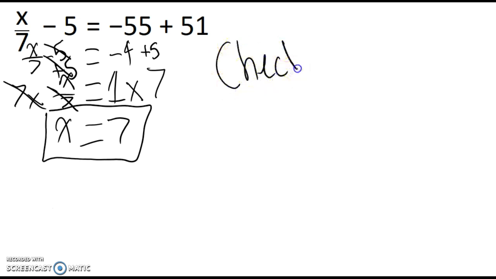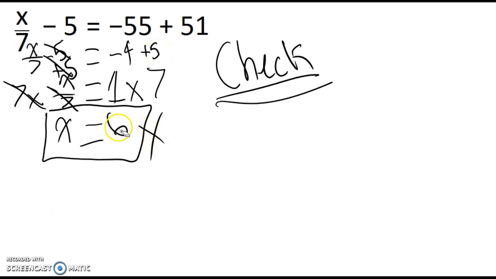We need to check. Very crucial part in algebra. Instead of getting 7, which you should all get, because it's very, very simple multiplication, say we get maybe a 6, and then everything else would be wrong. So it would not be right.